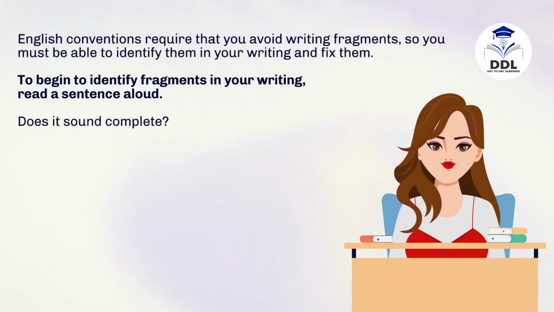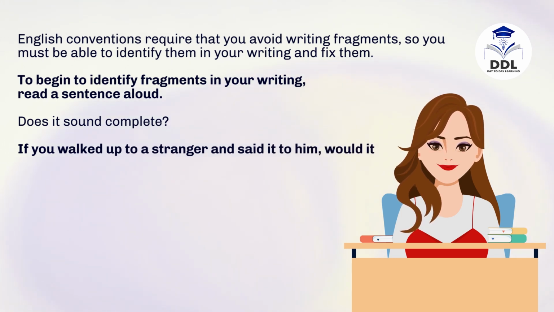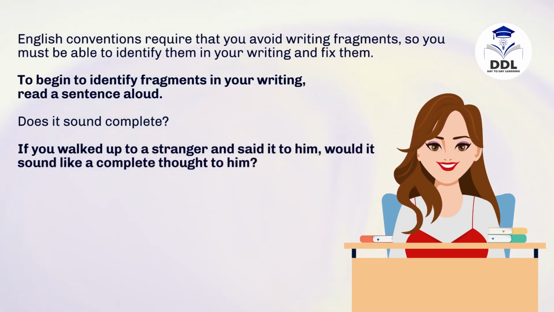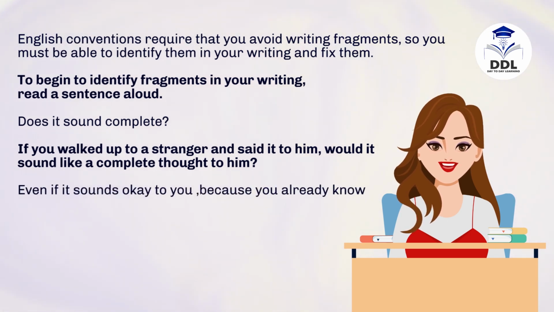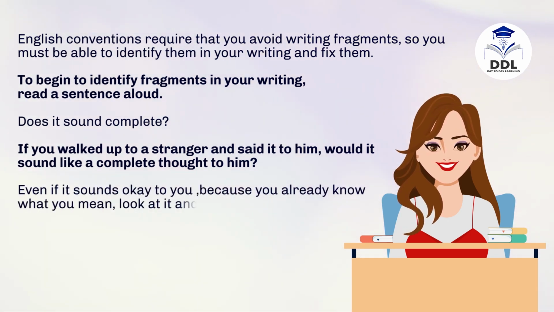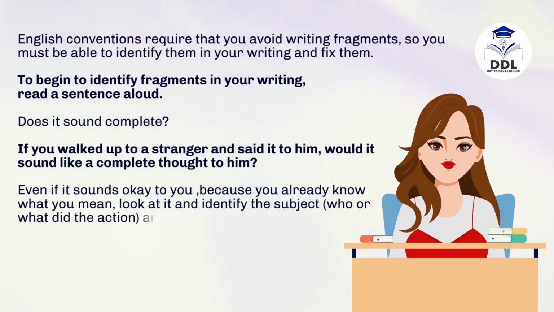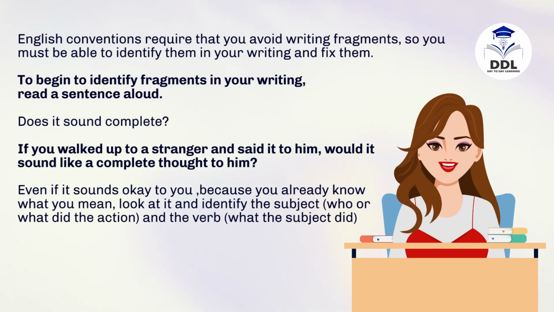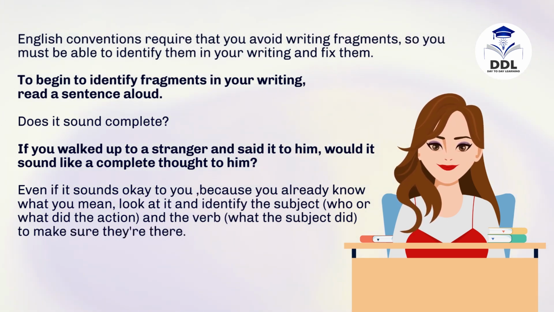Does it sound complete? If you walked up to a stranger and said it to him, would it sound like a complete thought to him? Even if it sounds okay to you because you already know what you mean, look at it and identify the subject, who or what did the action, and the verb, what the subject did, to make sure they are there.